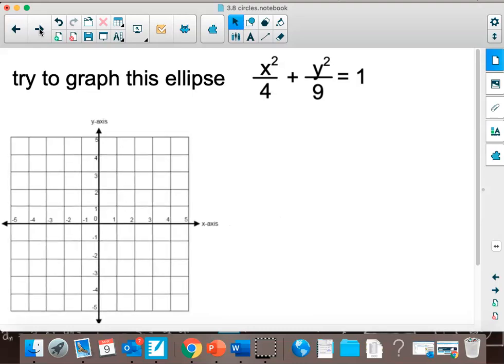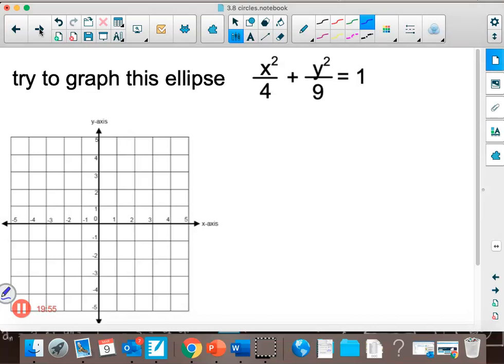Before we do this, let's pretend that it's just a circle, and let's just pretend these two numbers were the same. If these two numbers are the same, and I wanted to graph this circle, what would I do first just to clean up my equation?